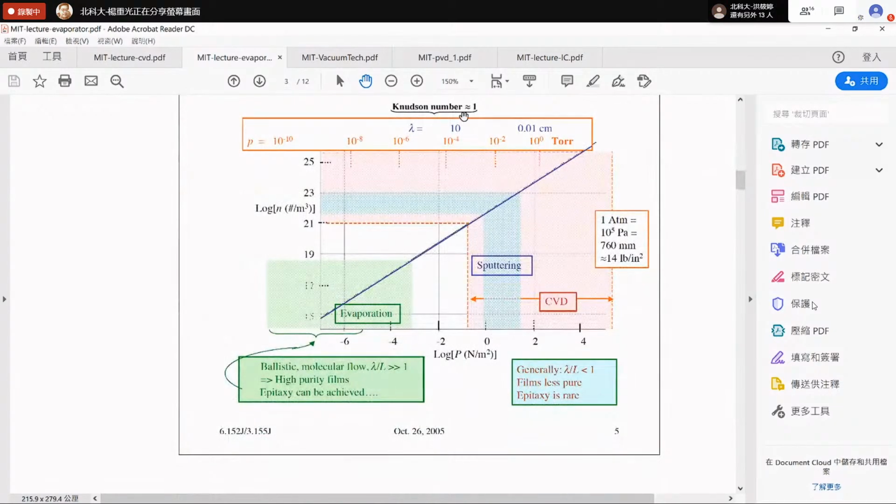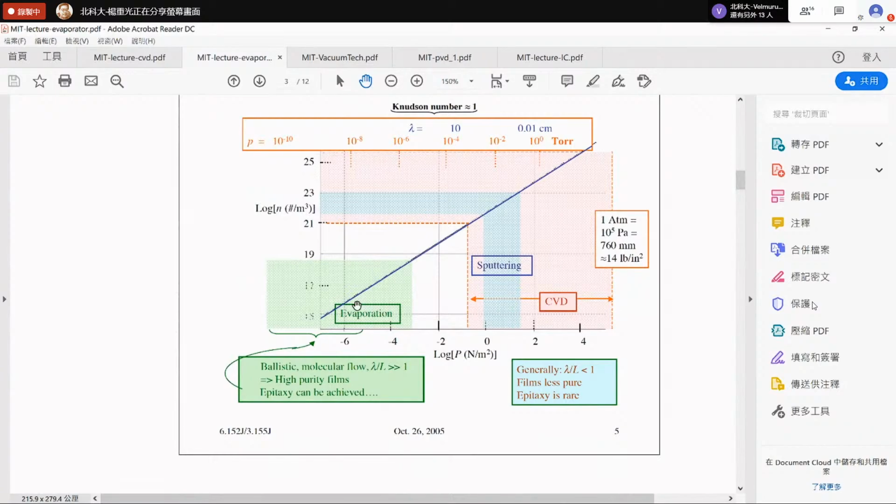So we talk about the Knudsen number, okay, and this is a Knudsen number of 10, and this is roughly 10 to the minus 4. This is a region for the sputtering, and the green part is a region, the operating window for the CVD, which is quite large, and the sputtering very small, very limited.